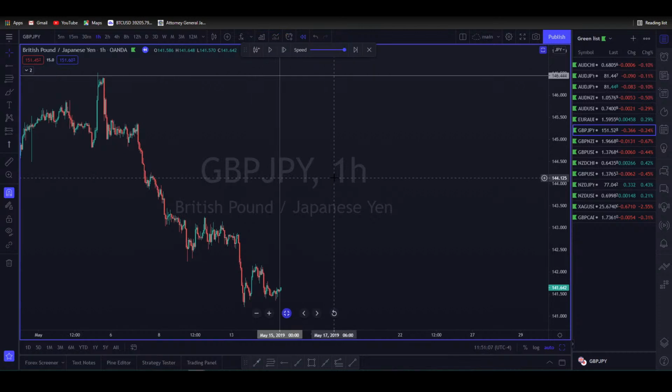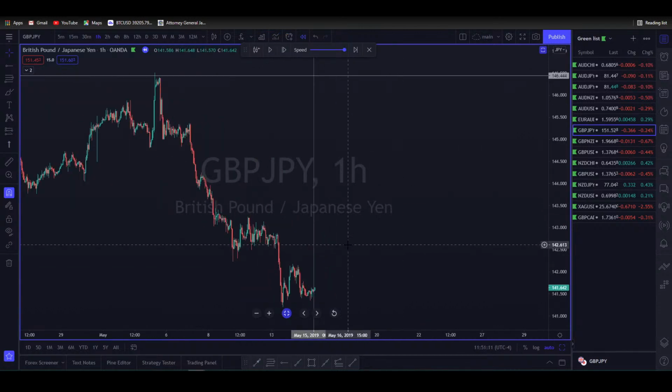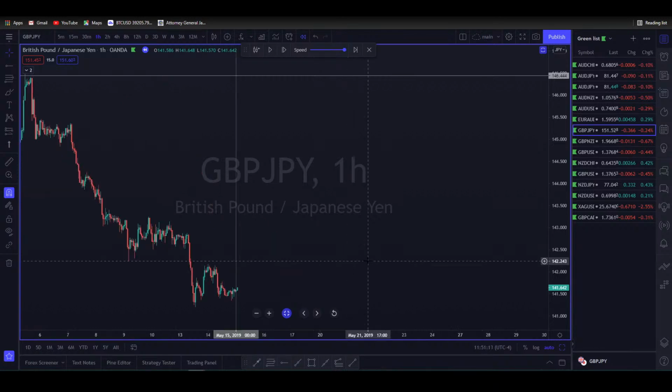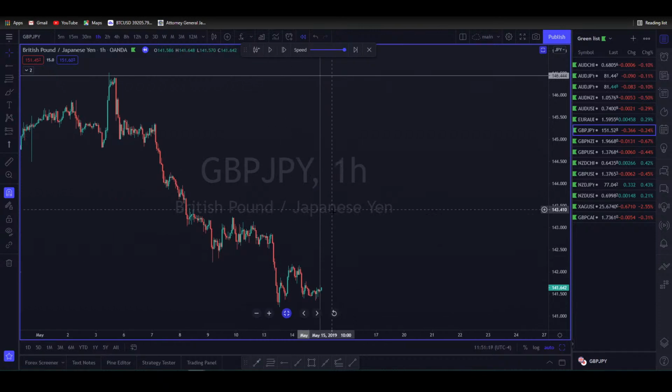All right. So here's your trade. This is at 0-100 hours. That's midnight for me in the US. And I'm looking for entry from, well, let's get rid of that because I don't need that. Looking for entry from 6 a.m. from there to here.